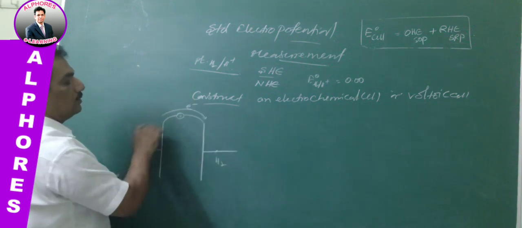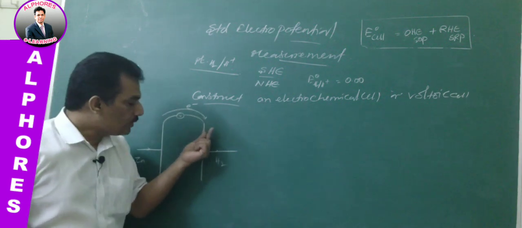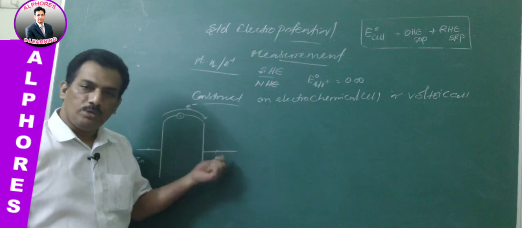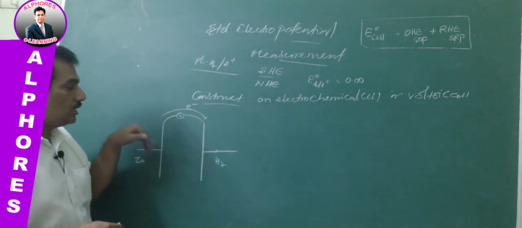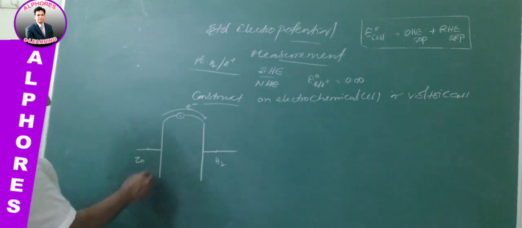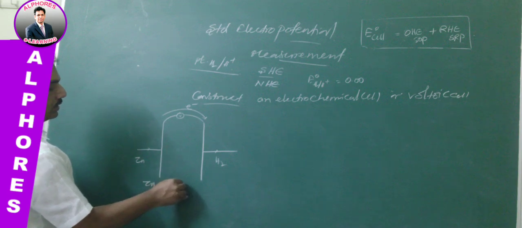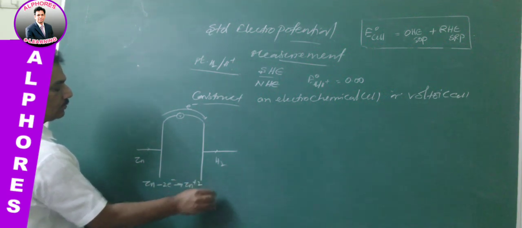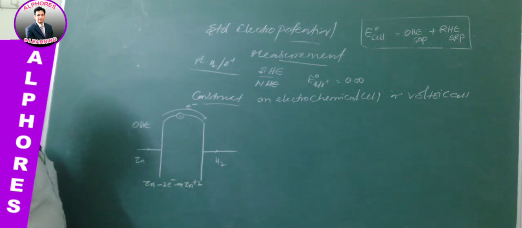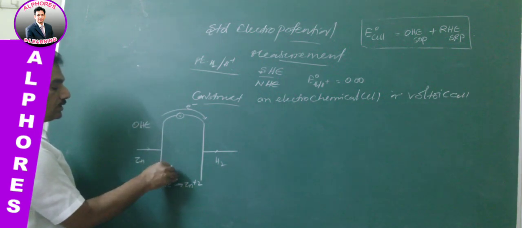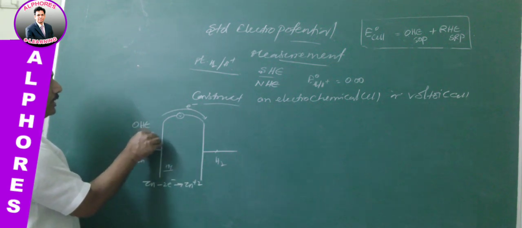So from the voltmeter reading, by the flow of the current in the opposite direction, we observe that electrons are migrating from zinc to hydrogen. When electrons are migrating from zinc to hydrogen, it means here zinc is undergoing oxidation because de-electronation takes place. So that's why here the reaction is Zn, by releasing electrons, gets into Zn plus 2. So that's why it is OHE. And when it is in 1 molar concentration, it is having the potential SOP.